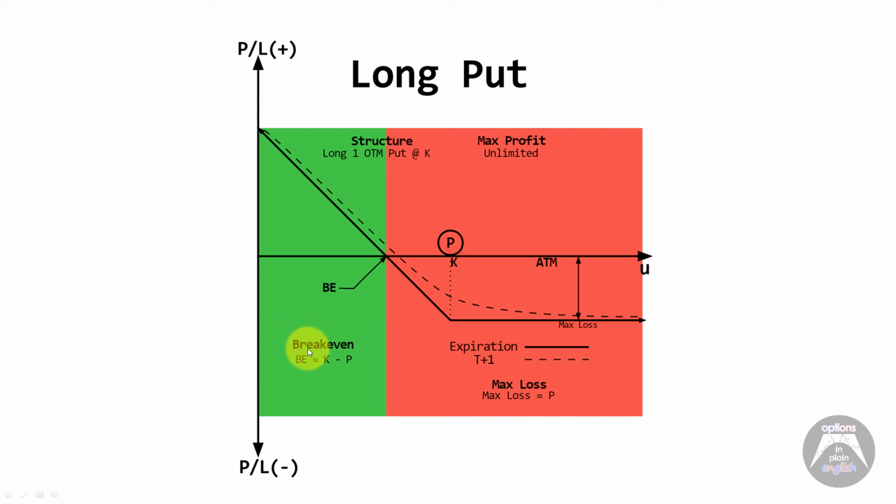Our break-even number for a long put is going to be the strike price minus, because we're going to be moving to the left, minus the premium that was paid. And at that point, anything below that is going to be profit, and anything above that is going to be loss.